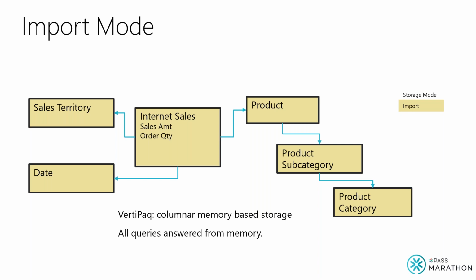So from your SQL Server database, for example, a copy of all of your tables comes into your Power BI Desktop file, right? In this case, Power BI is storing data in a VertiPaq engine, which is a columnar, highly compressed memory engine, right? And any query that comes in is being answered from memory. It's super fast. It's great, right?